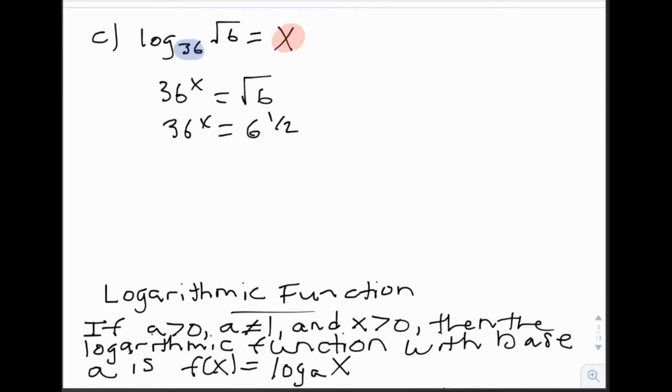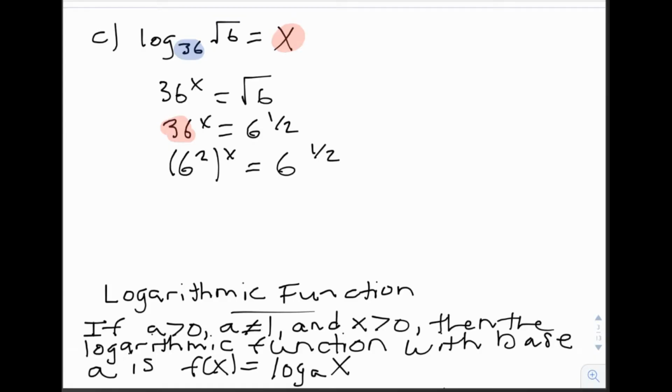Now, we can get this into something that would look a little bit familiar from previous chapters. Let's go ahead and try to get this 36 to have a common base as that 6 so that we can set our exponents equal to each other. So what times what will give us 36? Well, 6 times 6 gives us 36. In other words, 6 raised to the 2. So we can go ahead and say 6 squared to the x is equal to 6 raised to the 1/2.